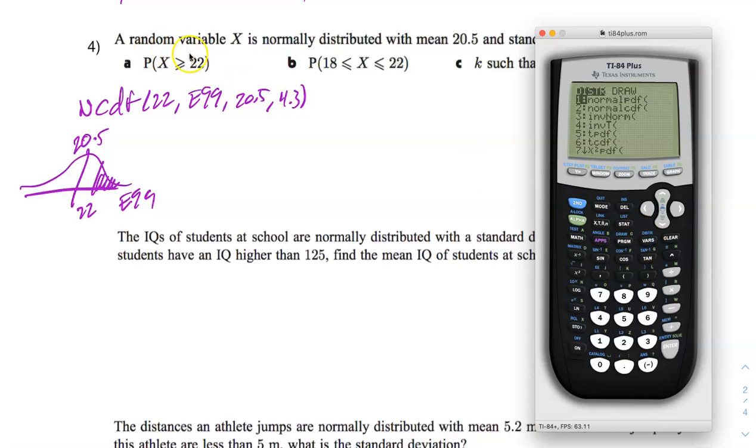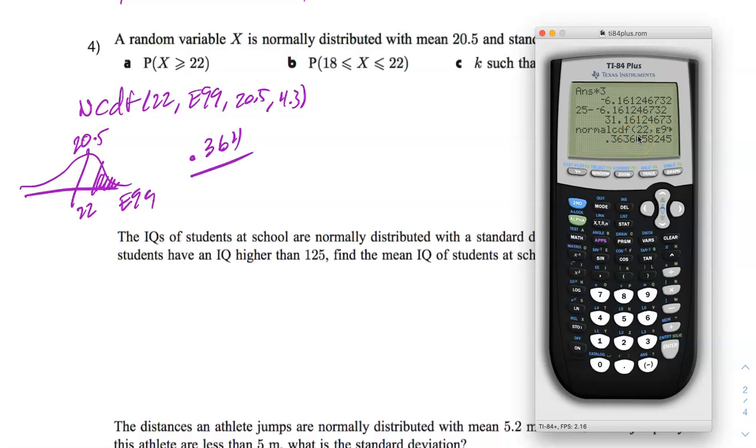Again, notice that it gave us the mean and standard deviation, so it's a normal CDF problem. And I get 0.363. Since this is the answer, I can round it, 0.364.